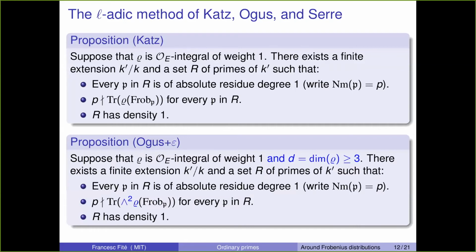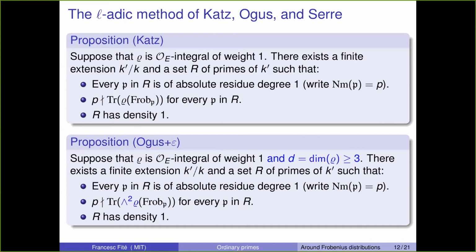And then the conclusion is also very similar. It's that there exists some finite extension k prime of k and some set R of primes of k prime made of primes of absolute residue degree 1 and of density 1, such that for any prime P in this set R, its norm does not divide the trace of the alternating square of the image of the Frobenius element at P by the alternating square of the representation rho.